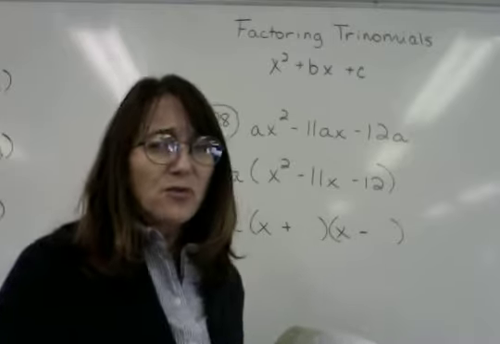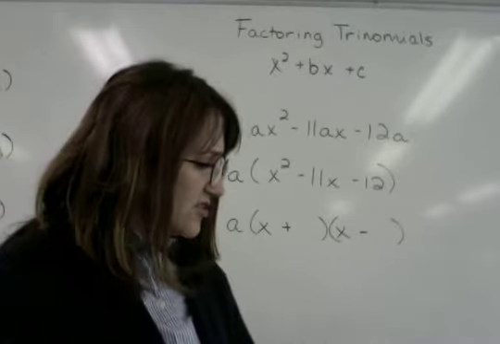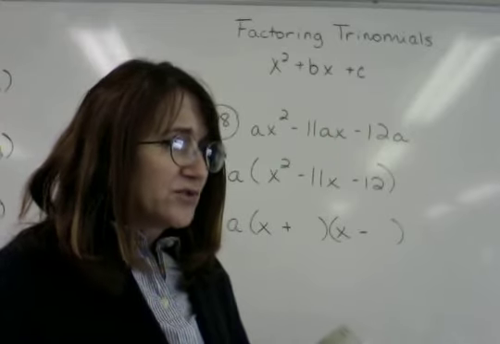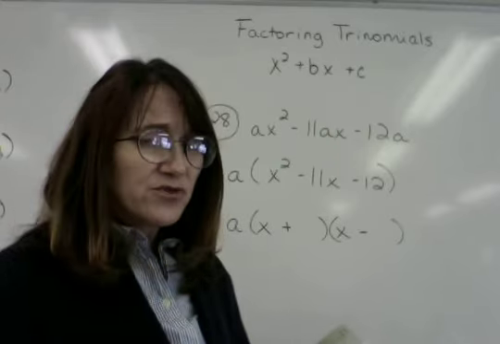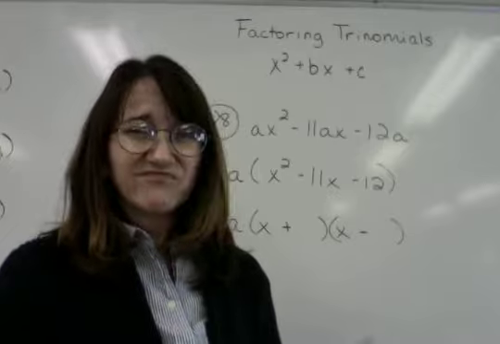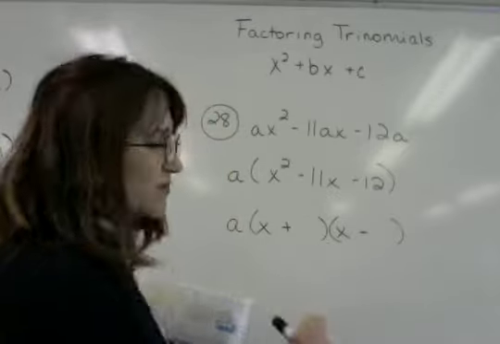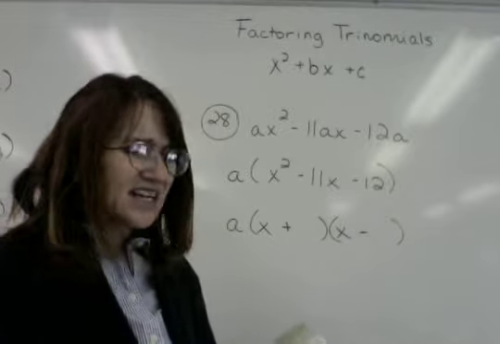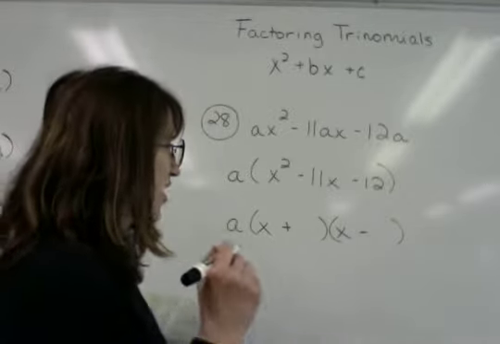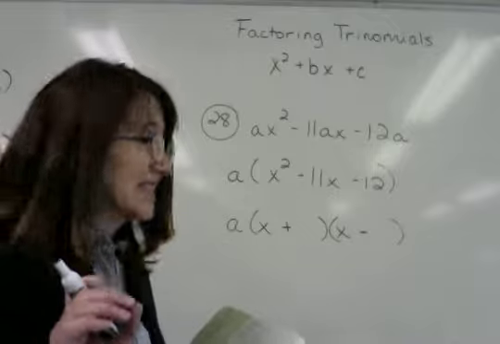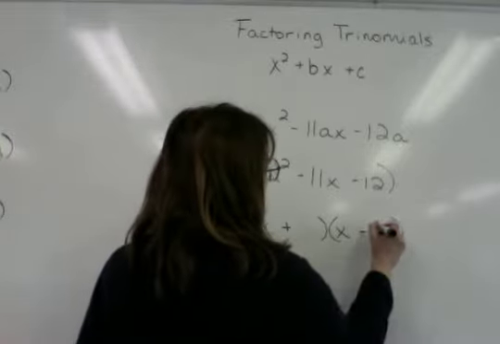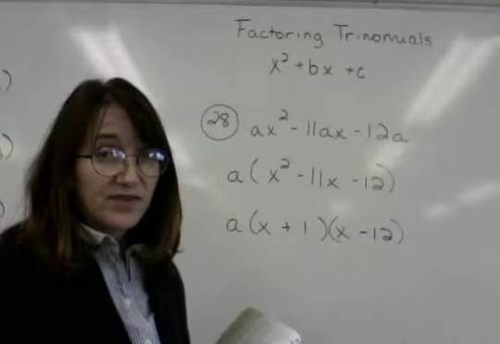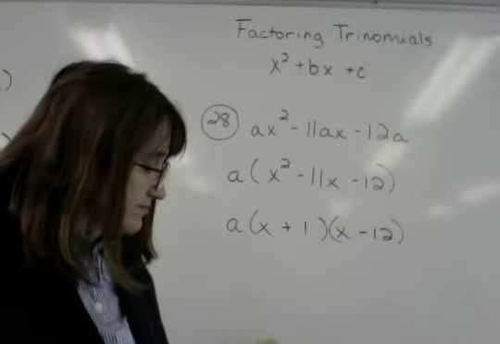Right off the bat, you all might start going 6 and 2. Could it be 3 and 4? That would work, but then if you started fiddling with it, you'd say, no, that's not going to work. It's actually the one that you wouldn't think it would be, and it would be 12 and 1. That's what you need right there, 12 and 1.